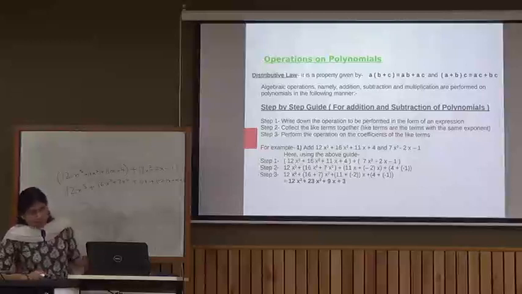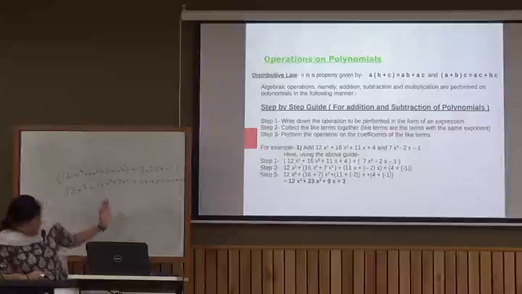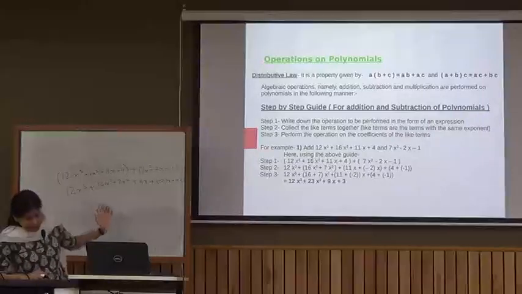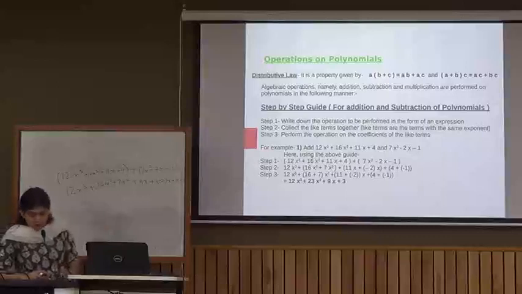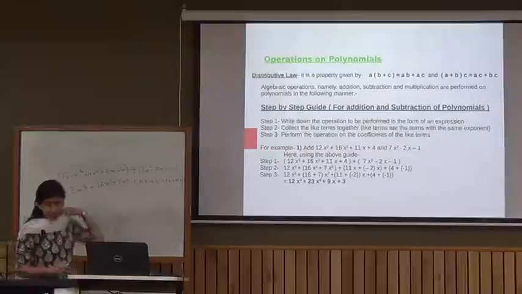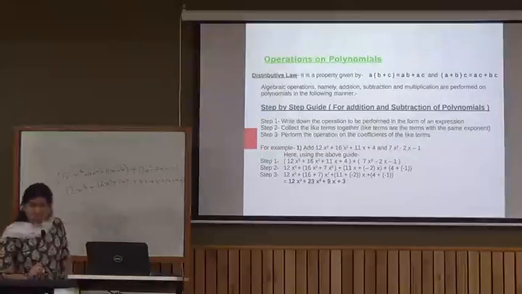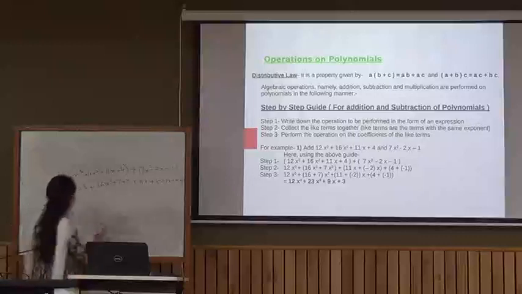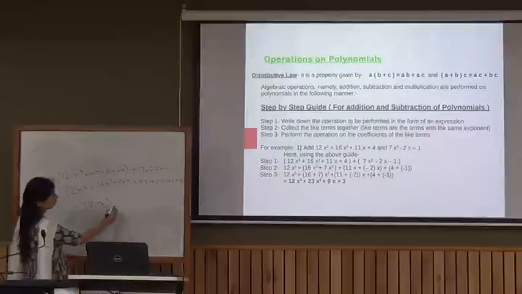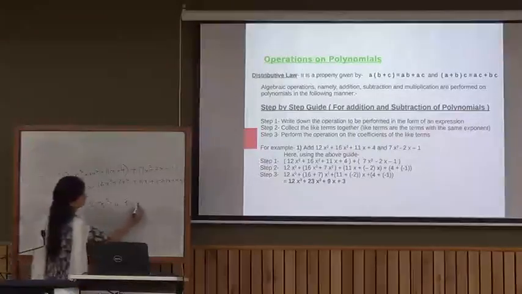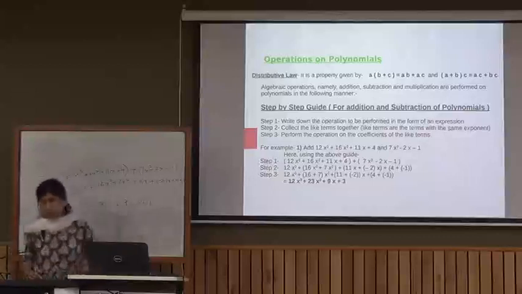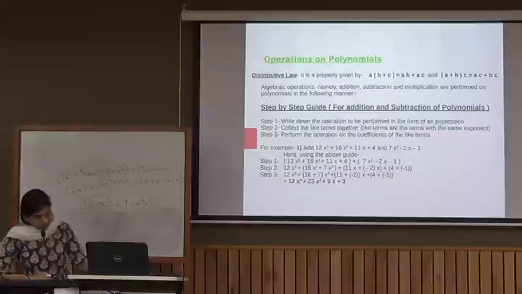That is, we take x square, for instance, outside and write 16 plus 7 in whole bracket. Therefore, when we open it using distributive law, we get 16x square plus 7x square. That is the previous step. On doing the third step, we finally arrive at the result. This is how addition is performed.